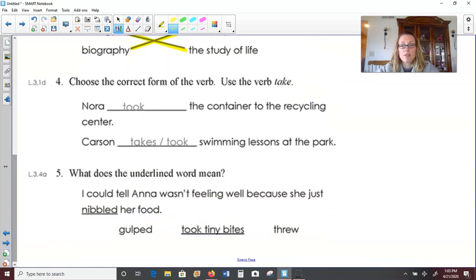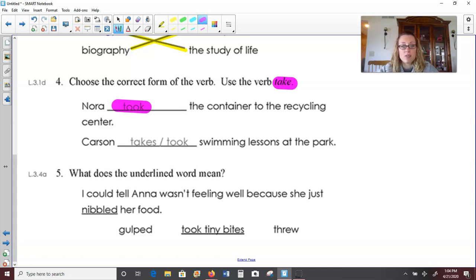Number 4, choose the correct form of the verb. Use the verb take. Okay, so this verb will change depending on if it's the past, present, or future tense. Nora blanked the container to the recycling center. Nora takes the container to the recycling center. That could work, but they put it in the past tense. Nora took the container to the recycling center.